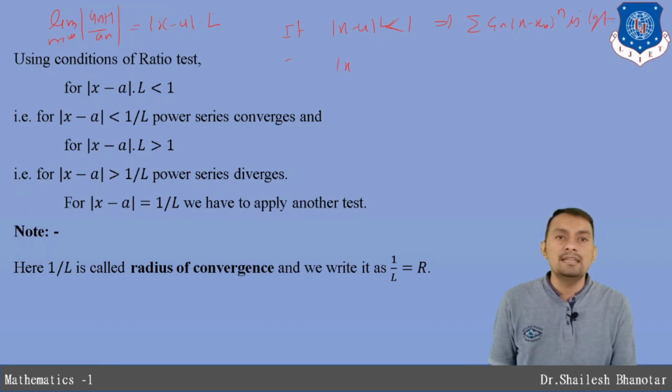So from this I can say absolute value of x minus a is less than 1 divided by L, then the series will be convergent, and sometimes this is denoted as r, and r will be the radius of convergence.